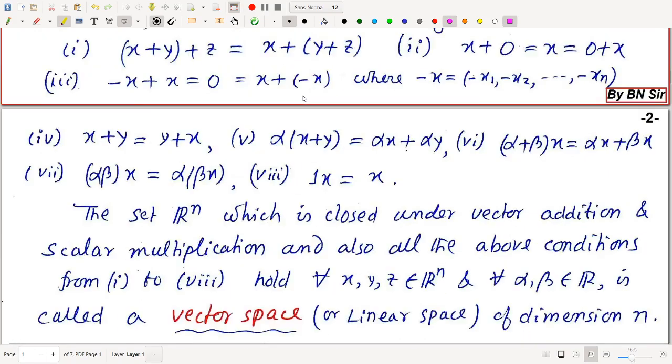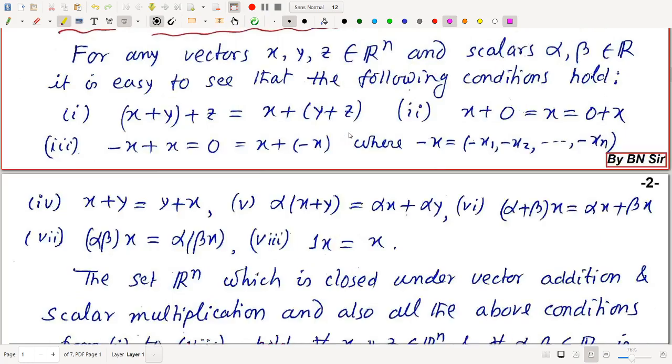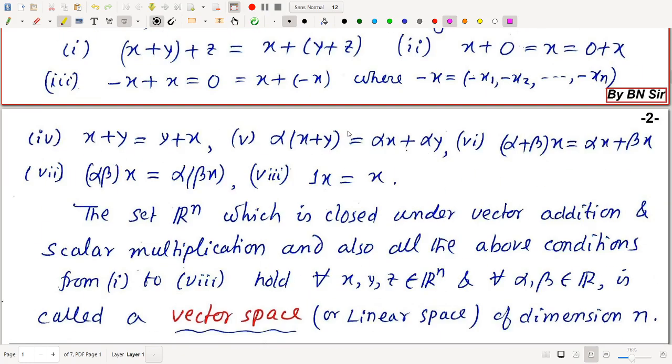So there are 8 properties written and 2 closure properties, for vector addition and scalar multiplication, so in total 10.